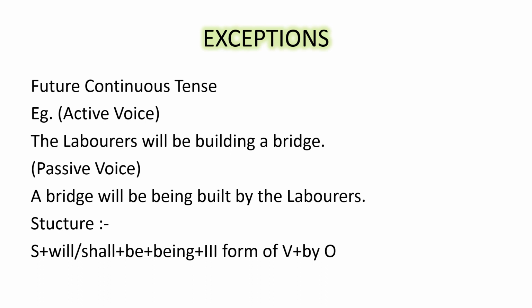Then it can be changed into passive voice as: a bridge will be being built by the laborers. And the structure is subject plus will/shall plus be plus being plus third form of verb plus by object.